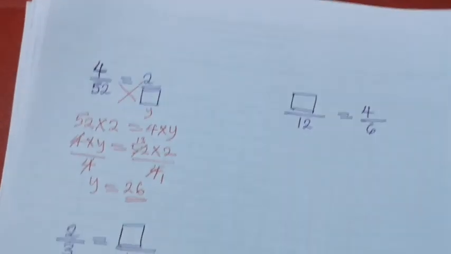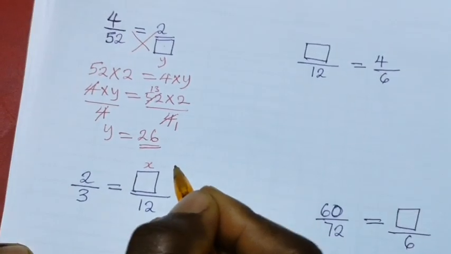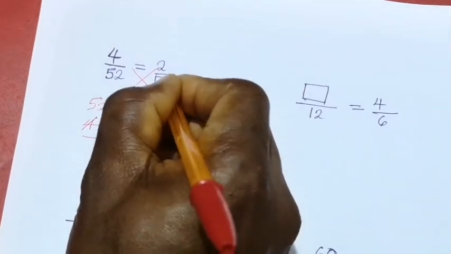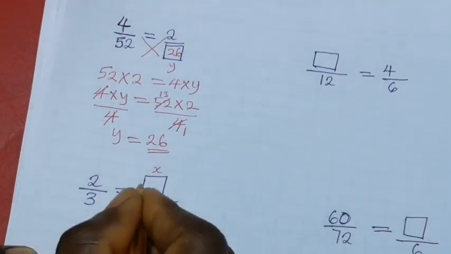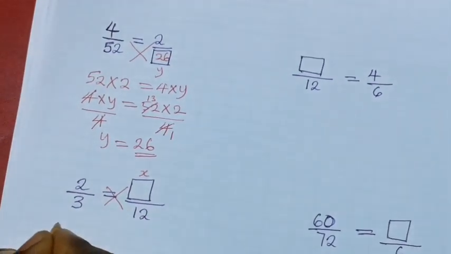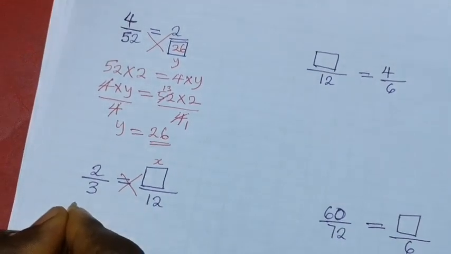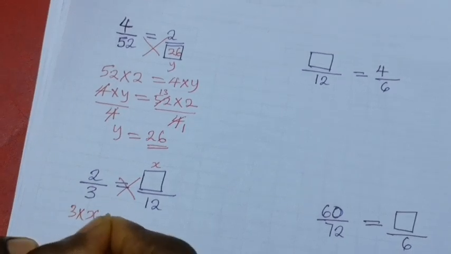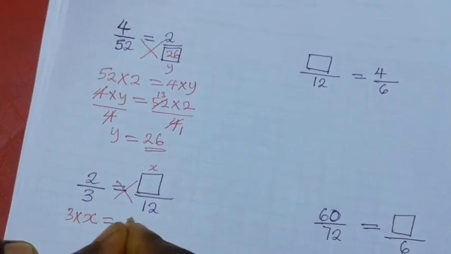Let's come over this side. Let me call here x. Okay, before then, let me put in the value of this box here. So this is 26. Okay, let's continue. So I will have x times 3 will now give me 3 times x is equal to 2 times 12.